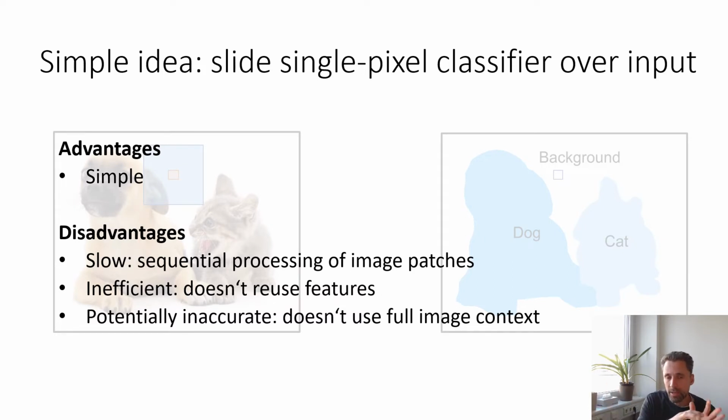Now, running the network over and over again doesn't reuse these features. So we have to compute them again and again, although neighboring outputs may still use the stuff that has been computed in the run before. And it's also potentially inaccurate because it can't use the full image context. It only has a small window it bases its output on.